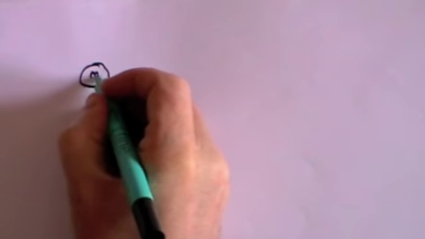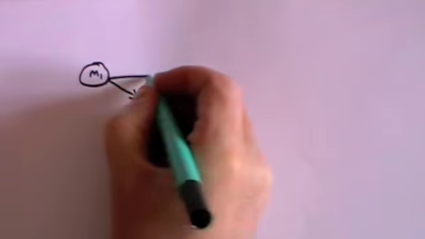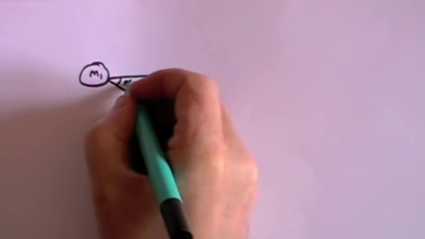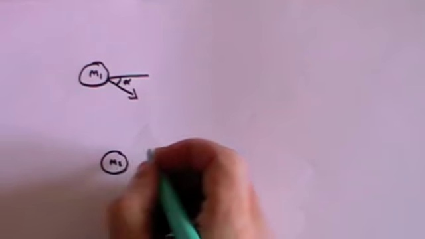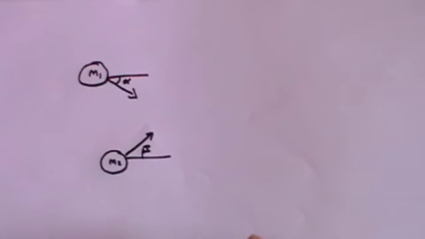Let's consider a ball of mass m1 travelling in this direction, which we'll call an angle alpha to the x dimension. And that hits another ball, m2, which is travelling in this direction at an angle beta to the x coordinate.